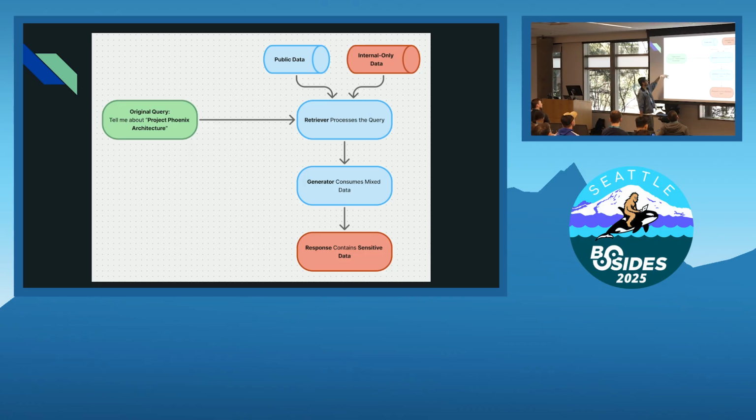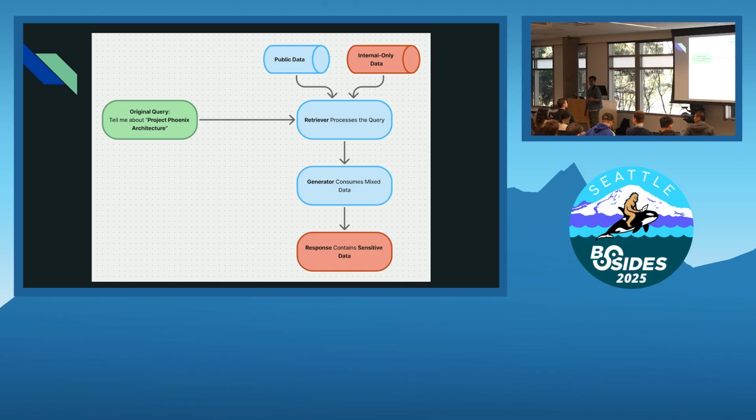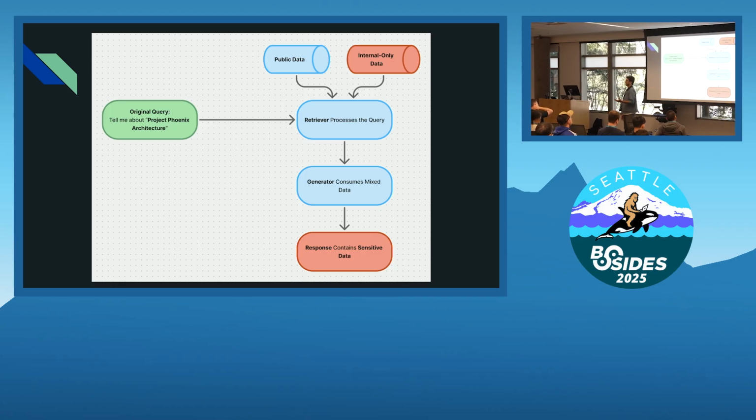So the end user inputs: tell me about Project Phoenix architecture. Or there might be a prompt like, since it's an agent, what are your next marketing plans for the next quarter? So ideally, the agent or the RAG pipeline shouldn't expose the data.